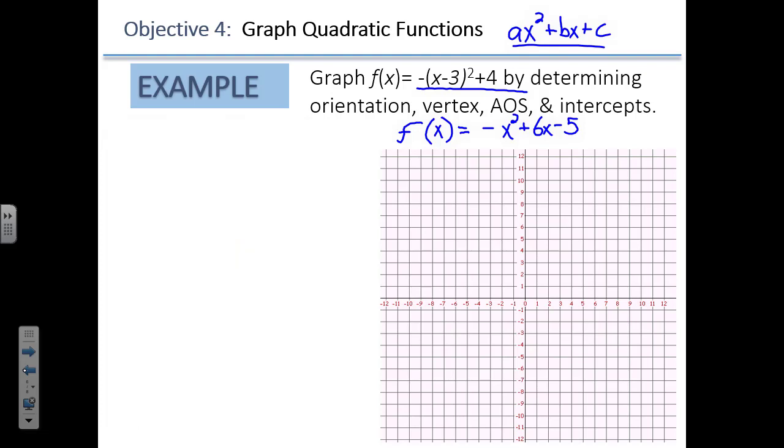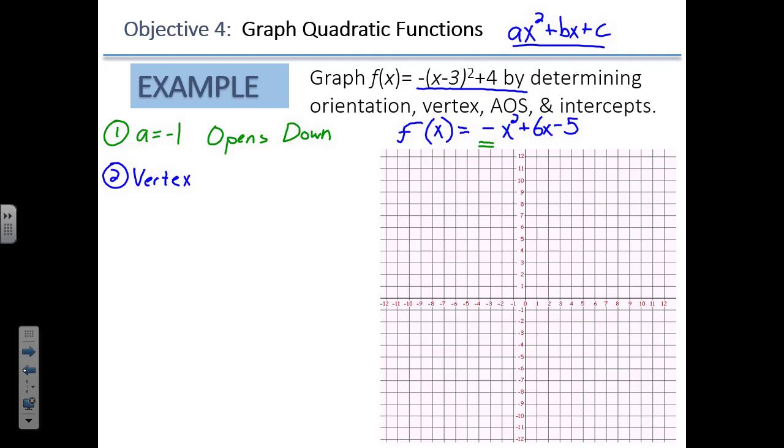Now let's go through our 6 steps. I won't flash back this time. They're the same 6 steps we've had before. Notice here that our a value is equal to negative 1. And so we can conclude that this parabola opens down. Our next step is to find the vertex.